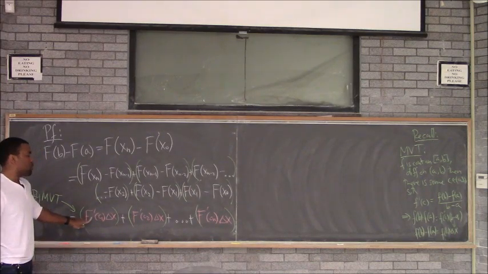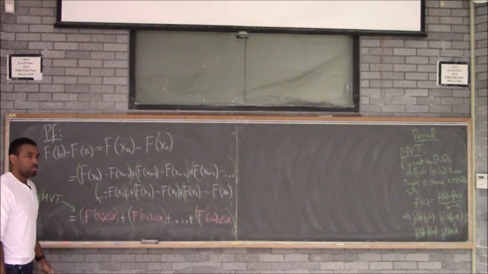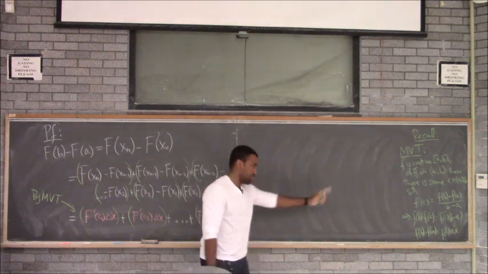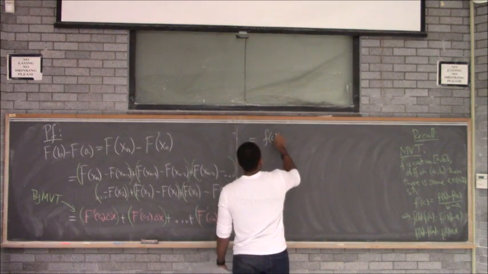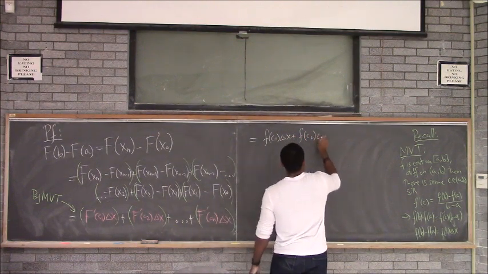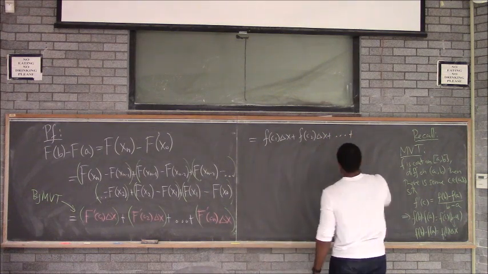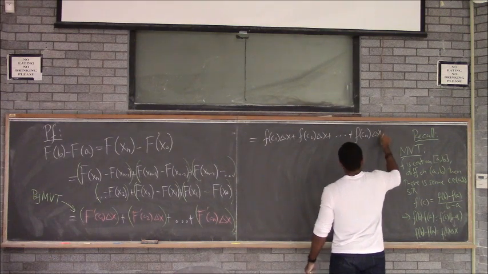But what is big F prime? It's little f, because big F was the antiderivative of it was right here. So this means little f of c1 times delta x plus little f of c2 times delta x plus little f of cn times delta x.